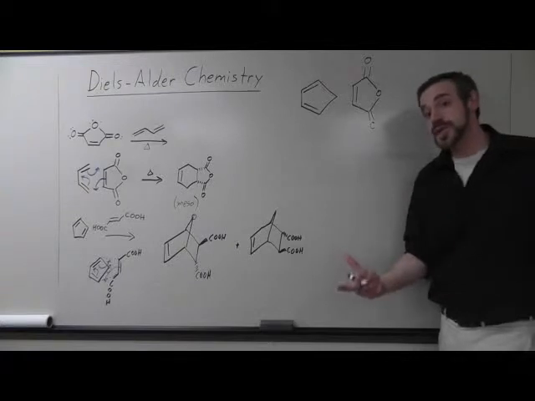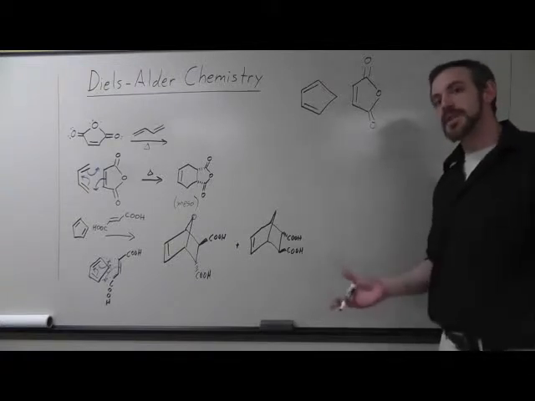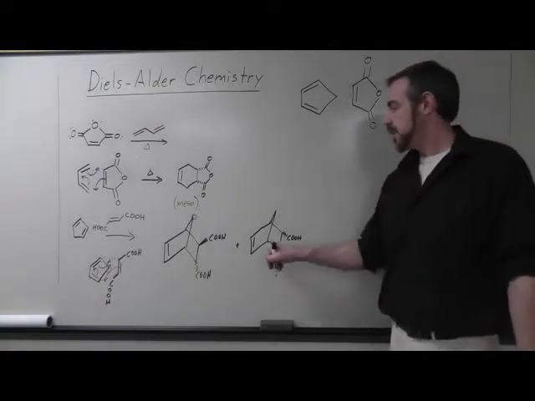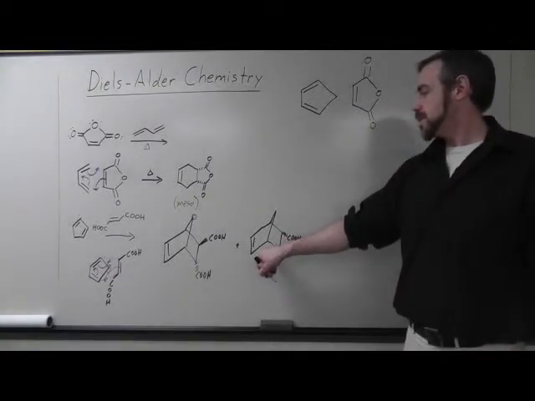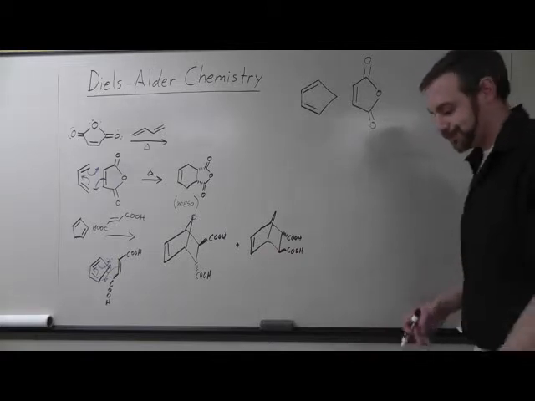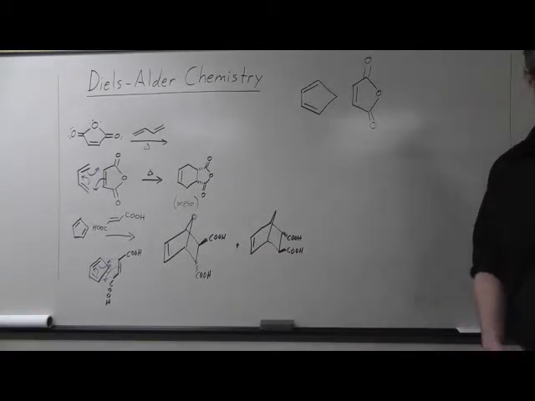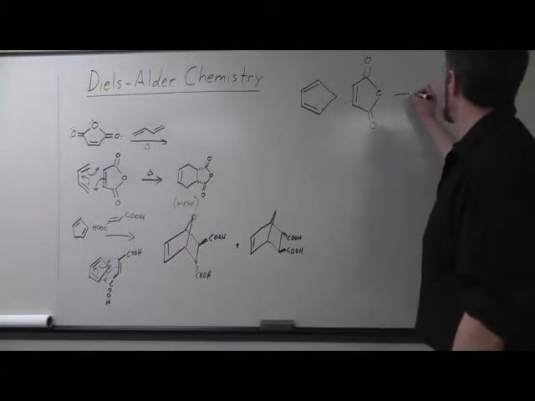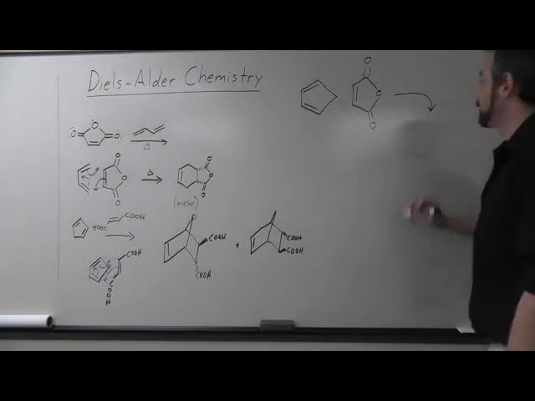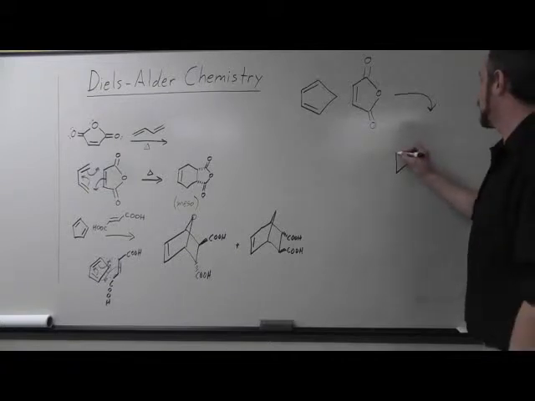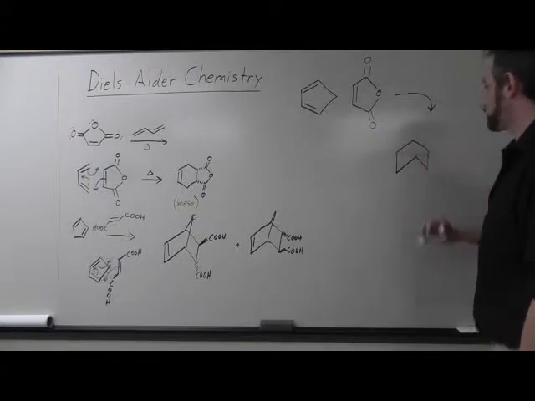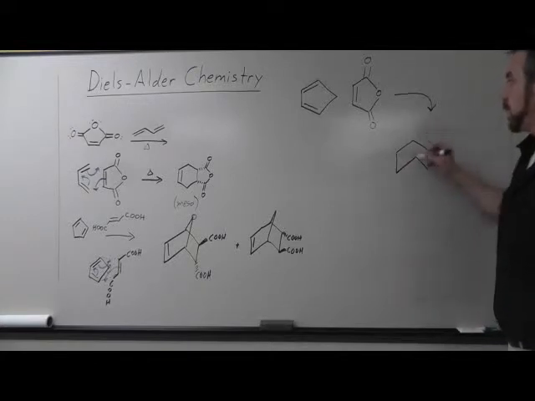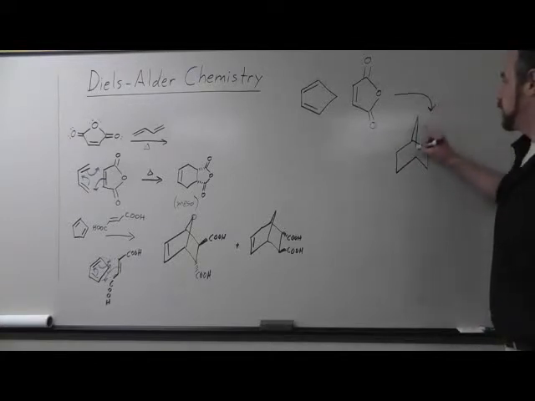Now we can look at two cyclic systems reacting and try to predict these products, taking into account what you know about this particular bicyclic system. We can start drawing our six-membered ring in this fashion with a bridgehead carbon.